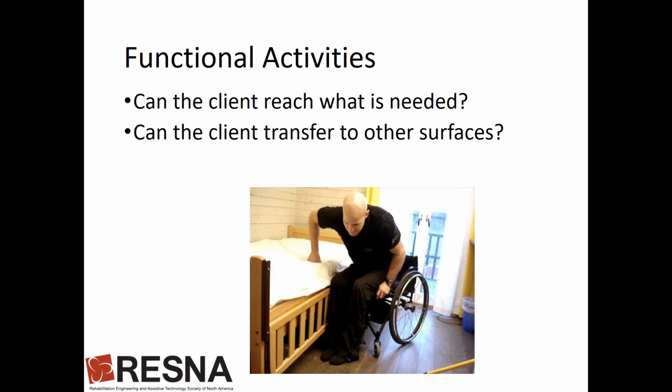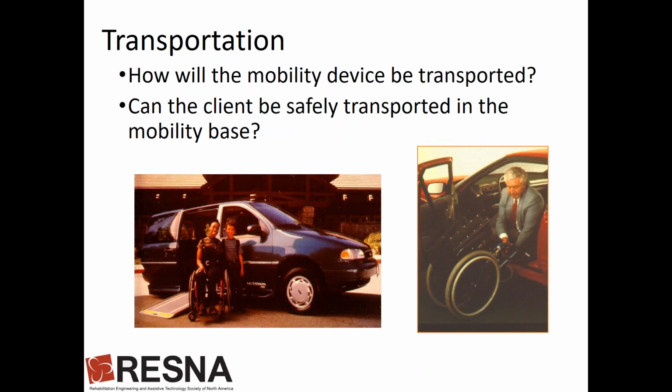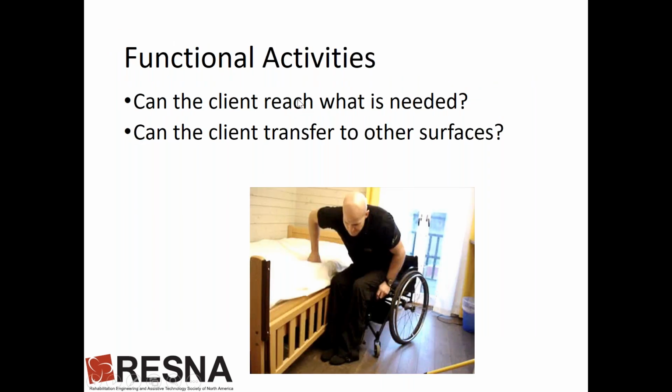And looking at how they're going to pull the chair in and out of the vehicle. Functional activities, so looking at the functional reach, looking at the transfer, if someone's getting their chair, if they have any specific seat to floor height. With FSHD muscular dystrophy, which shows a lot of proximal weakness and a lot of hip flexion weakness, I've had people come and say, I need my seat to floor height to be X amount.